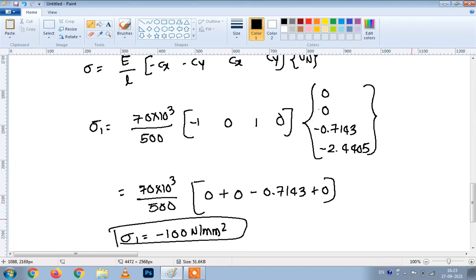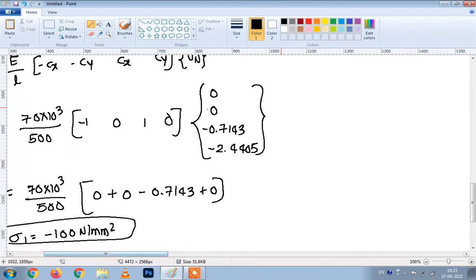Similarly, for element number 2, sigma 2, in the same fashion we have to calculate 70 into 10 raised to 3 divided by 500.